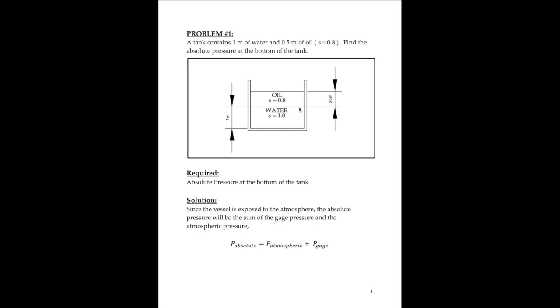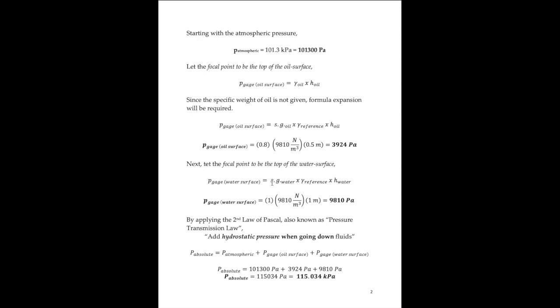Since we need the absolute pressure at the bottom of the tank, we have to know the effect of water, or the hydrostatic pressure at the bottom of the tank, which we can solve using this formula: specific gravity of water multiplied by the specific weight of water multiplied by the height of water, giving us 1 multiplied by 9,810 Newton per cubic meter multiplied by 1 meter, thus giving us a hydrostatic pressure due to the water of 9,810 pascals.